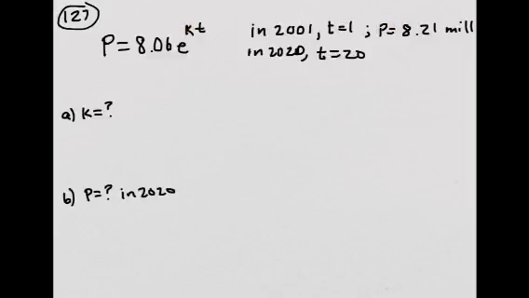So we're going to replace the P with 8.21. And this is 8.06. And then in the year 2001, T is 1. So then we're going to divide by 8.06.